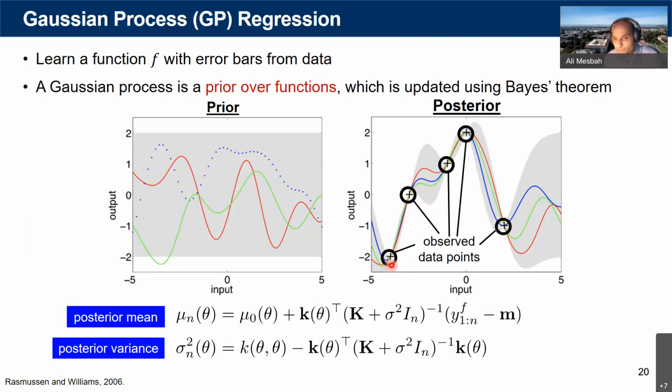At the observed data points, obviously you have zero uncertainty because your system has been observed, right? Whereas at other places, you not only estimate the mean, but also the confidence.